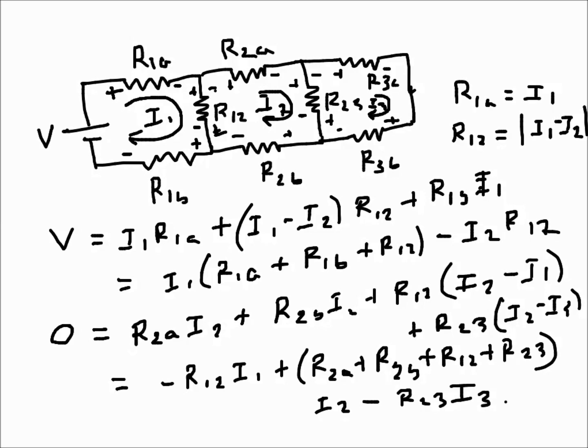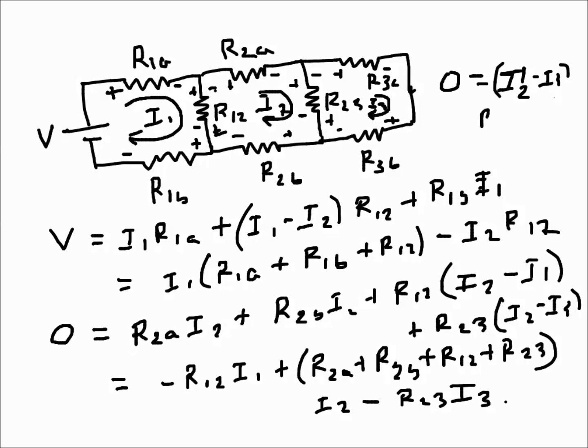And for the last one, I again have run out of space, so I will just try to squeeze it here. So again that's a 0. Then there is this negative current, which is minus I2 minus I3 times R23, plus R3A plus I3 R3B.